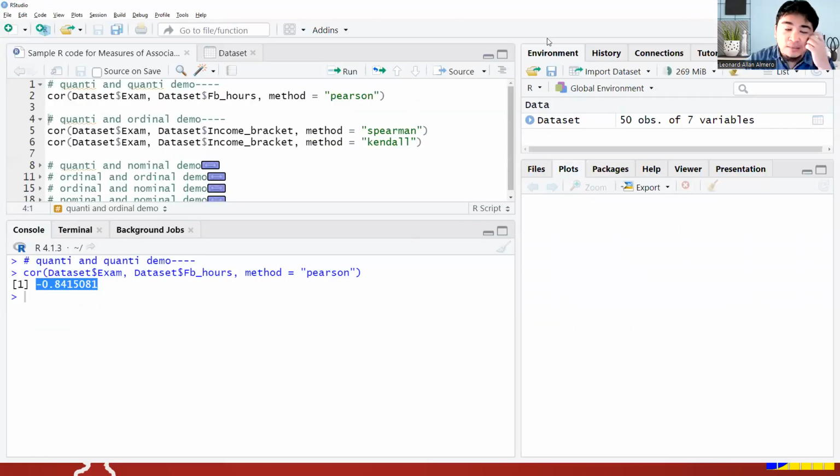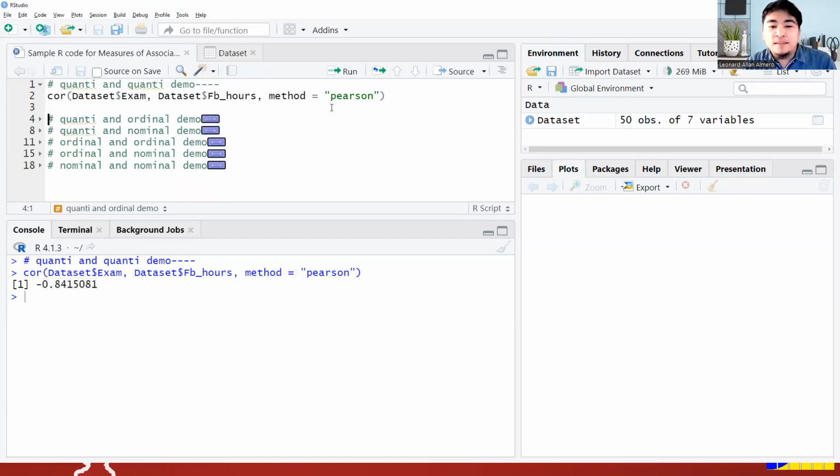Clear po ba ito? So, meaning, pwede rin palang makuha si Pearson dito sa ibang statistical software. Clear po ba? Okay. So, ito po yung output natin. Pinakita ko lang po sample output.